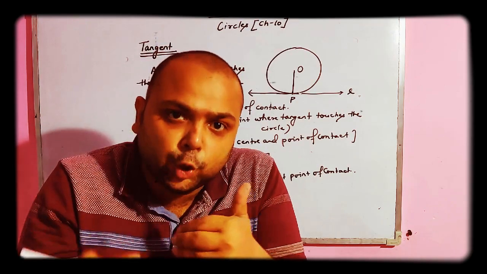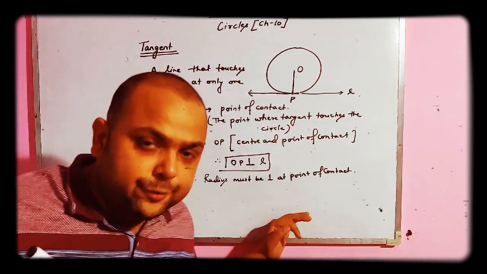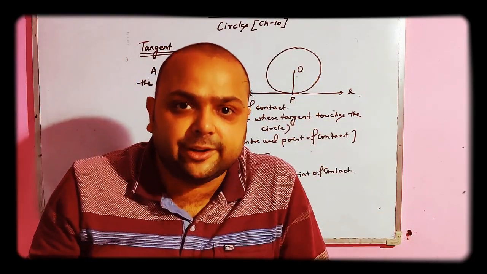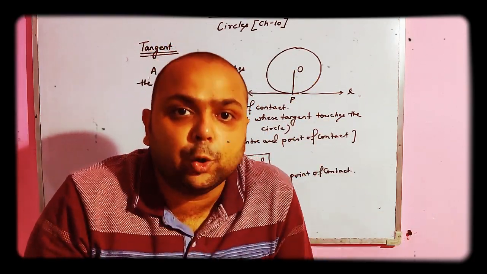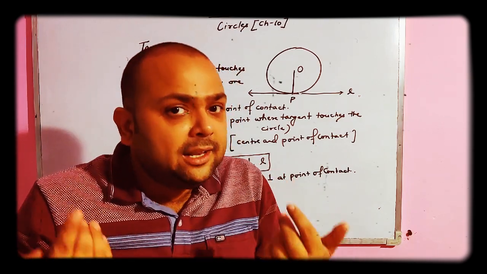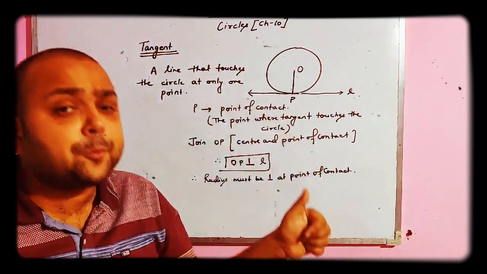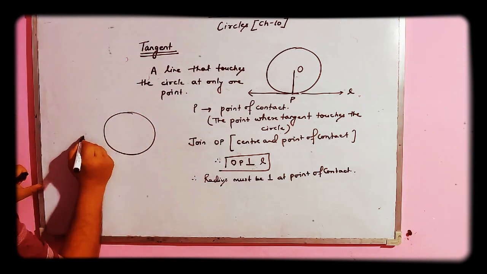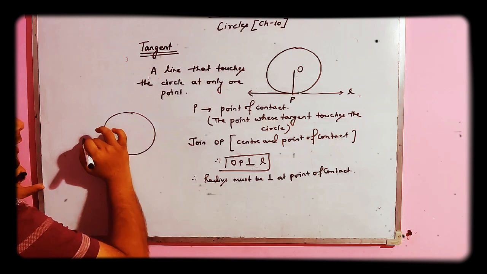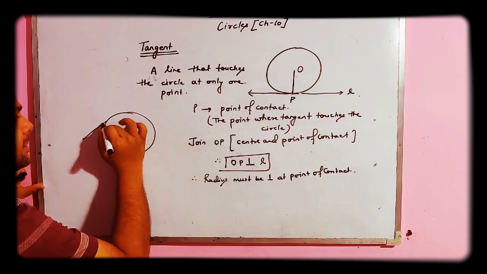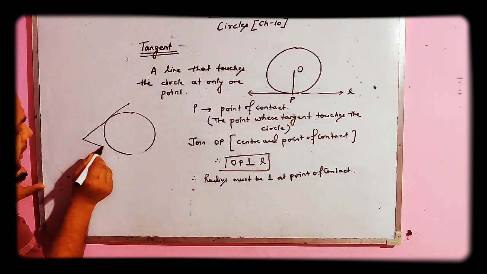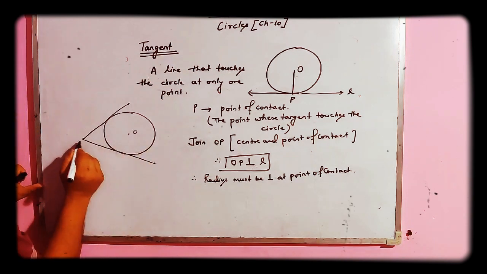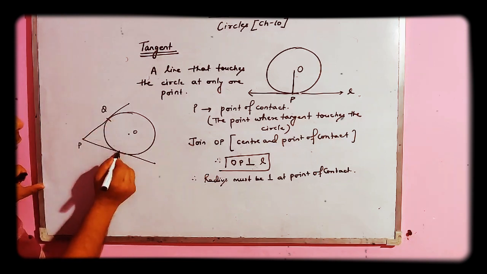We will do a theorem to prove this, that the line joining the center to the point of contact, which is the radius, must always be perpendicular. Then we will discuss one more property: if we have a circle and an external point, and we draw two tangents from this point, the lengths of these tangents are always equal.